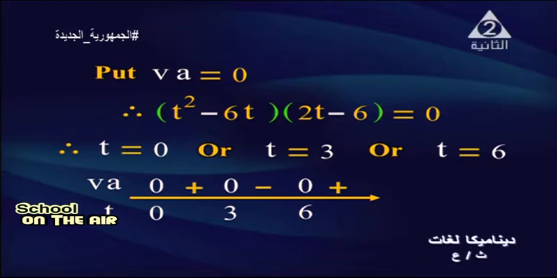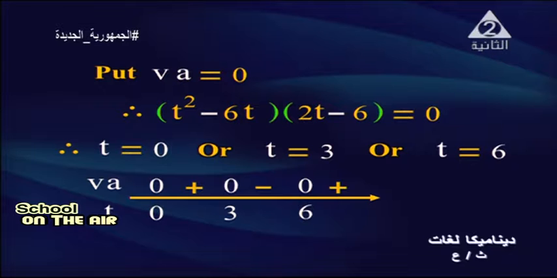But in the open interval 0 and 3, the algebraic measure of va is positive. In the open interval 3 and 6, va is negative, and in the open interval 6 and infinity, va is positive.